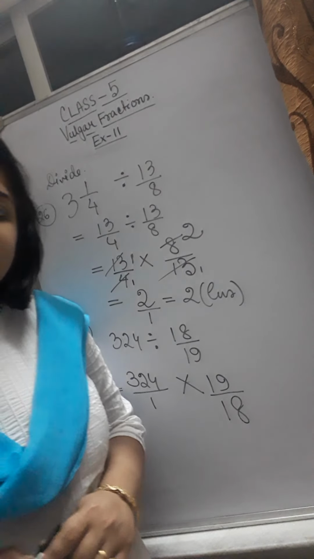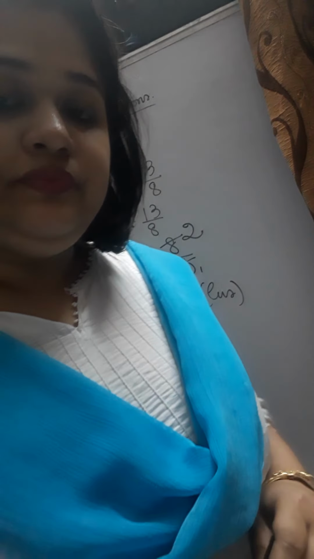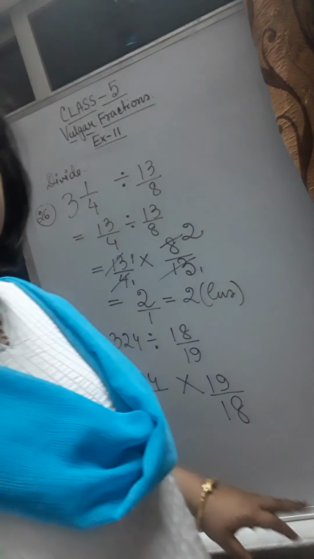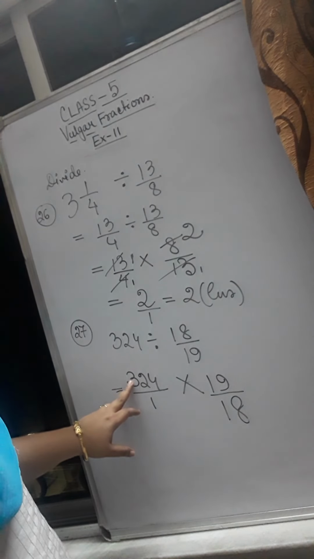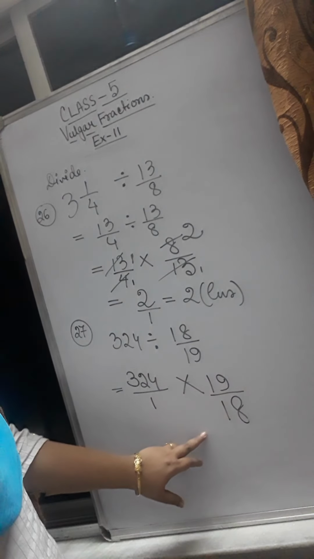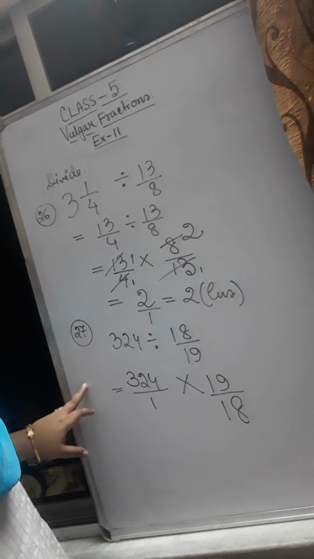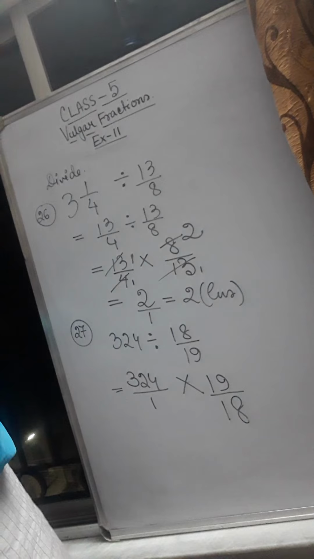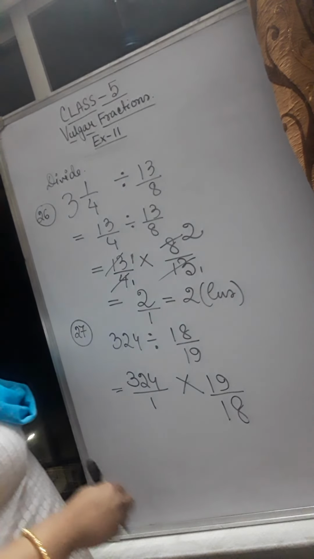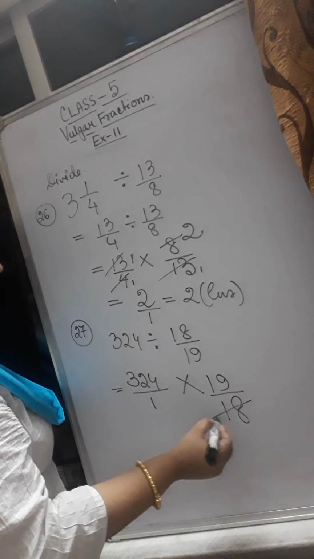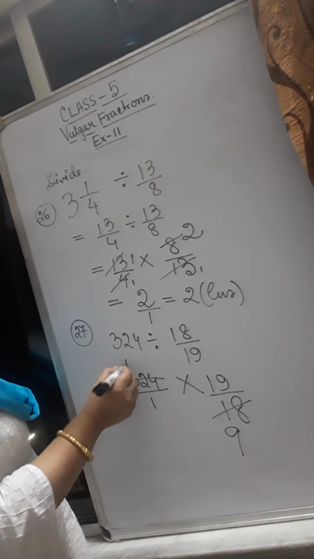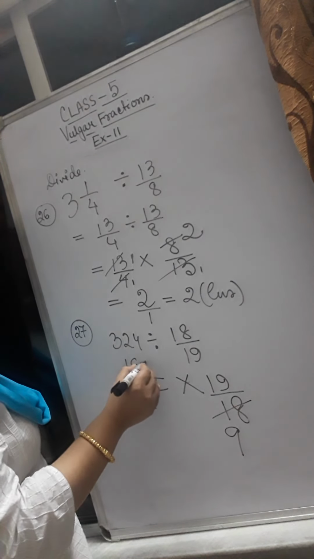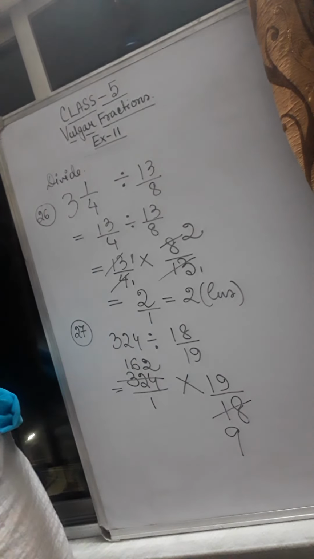Now if you know the tables very clearly, then you should know that 18s are 324. So I can directly cancel: 18 ones are 18, 18s are 324. But if you don't know the table, you can start with 2, like 2 9s are 18. Divide this number with 2, you get 162.